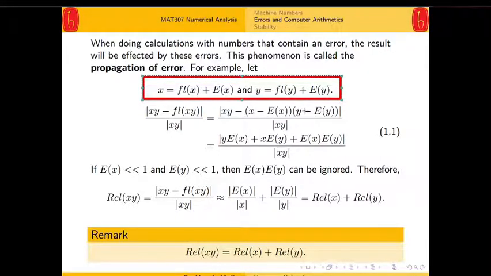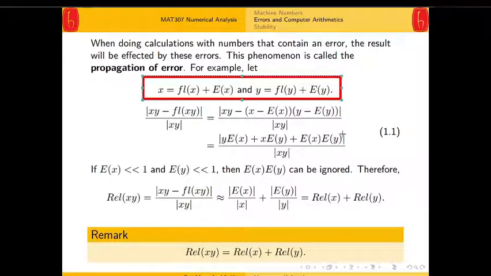Then if we distribute these two numbers, we will have y times e_x plus x times e_y plus e_x times e_y.